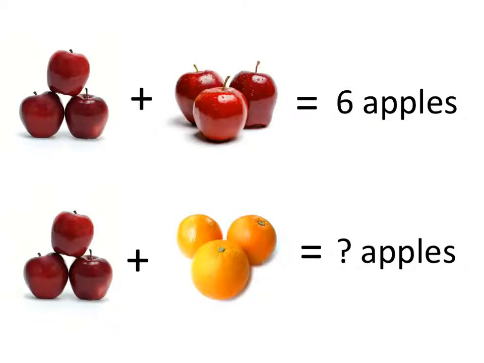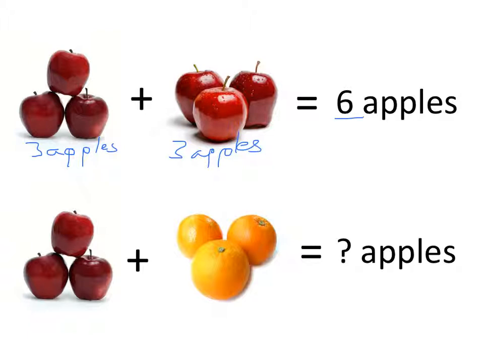So just to give you an idea of how this works, if we think of this with apples, we have 3 apples here, and we have 3 apples here. We add that together, obviously, we get 6 apples.